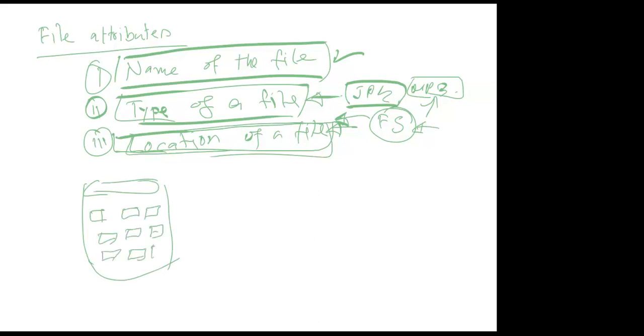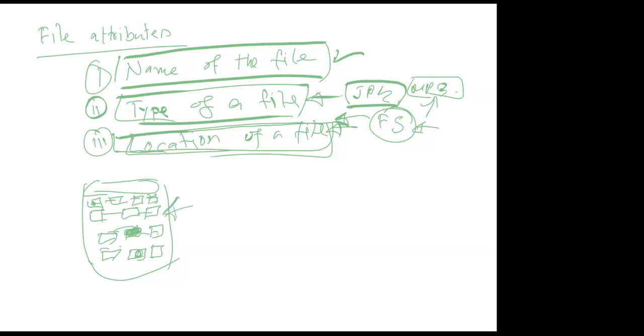Let's say your F1 file is starting at this block. Here there are millions of blocks. If you don't know this location, then you start searching from here, and here, and then you will get this block. If it is further down, then you need to go through all of these blocks, and this is very time consuming.